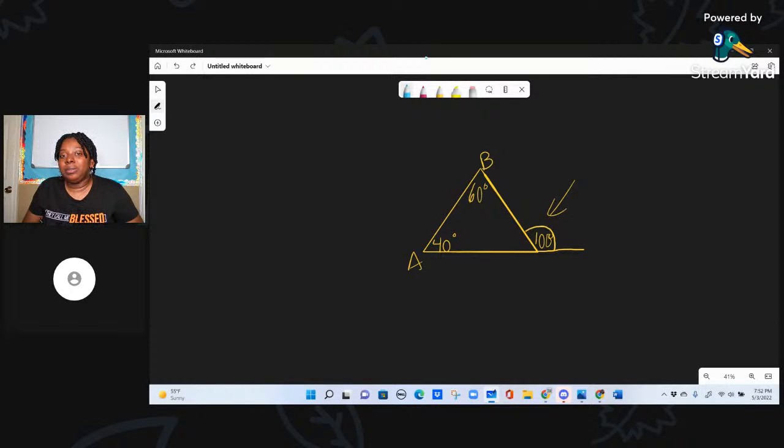So these two should equal this because they would have to add up to 180. Now, what would angle measure C be? If this is 100, what would this angle be if they need to add up to 180? 80. Yep.